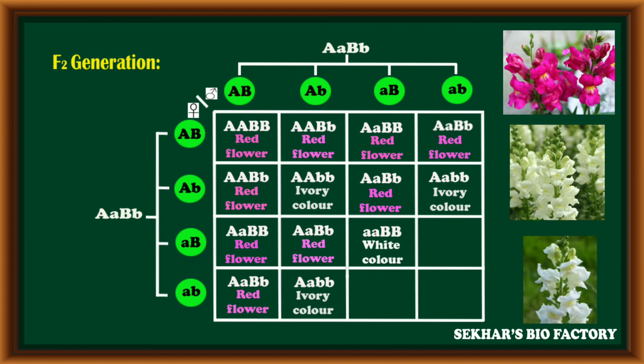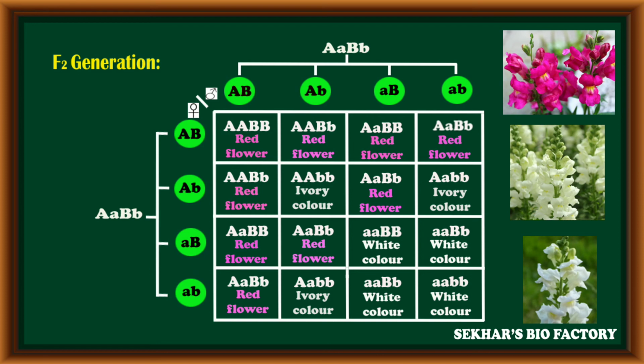The next combination, small a, capital B, small b, gives white color flowers, and the same for the following combinations. The last combination, small a, small b, is also with white color flowers.